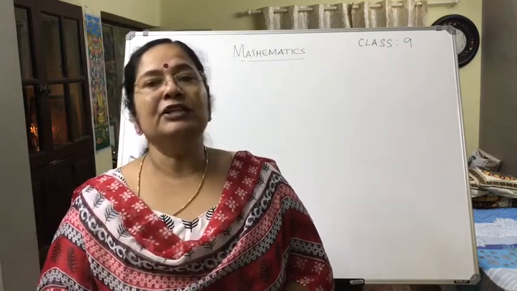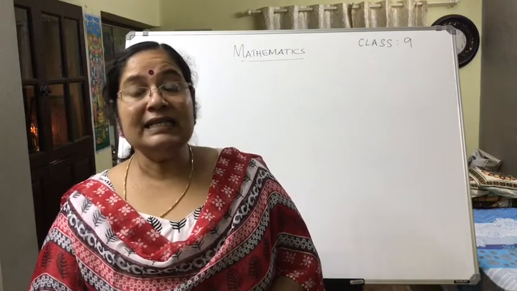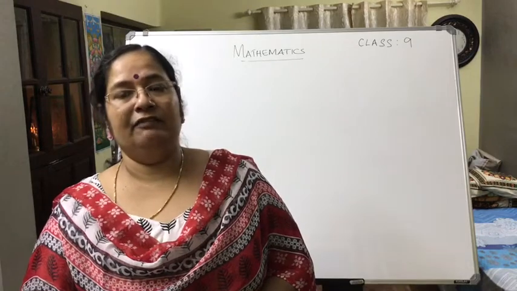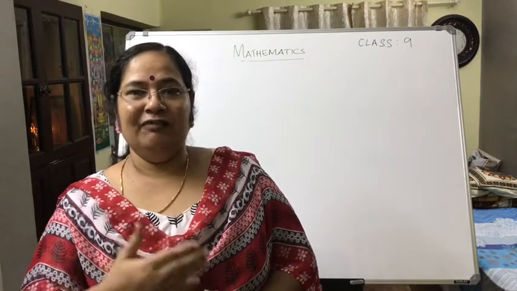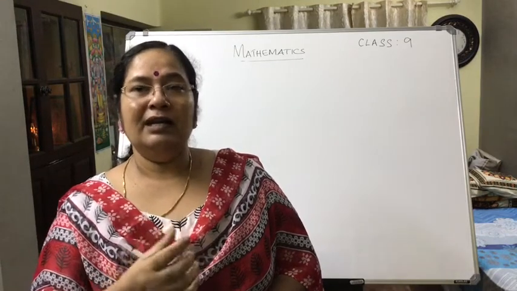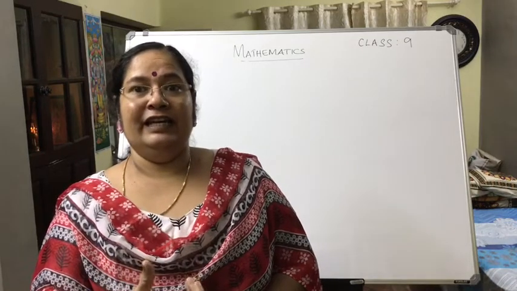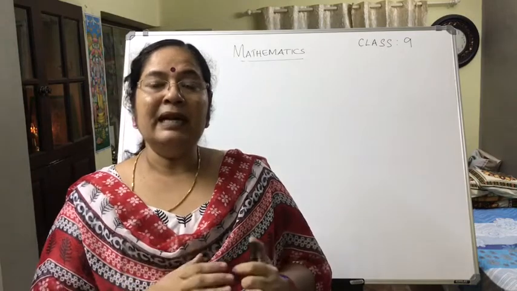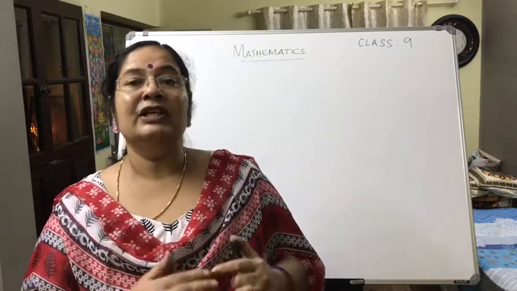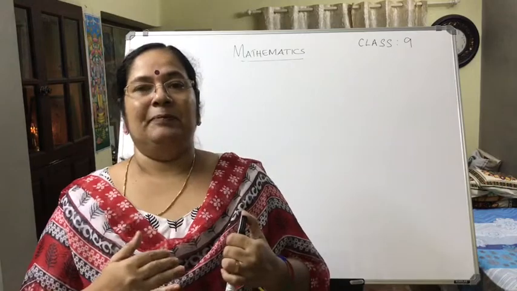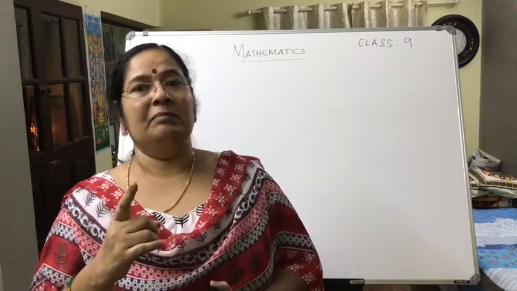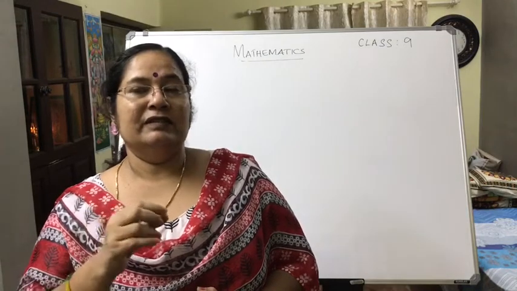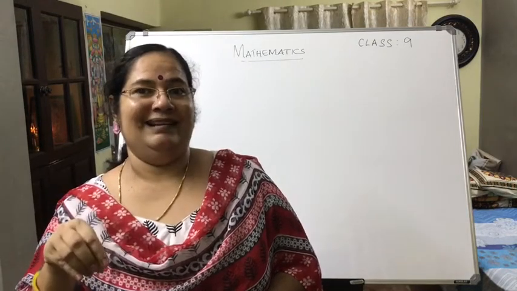And the method used is called successive magnification. Successive means every new step you are magnifying. Magnifying means enlarging. So the number line is being enlarged at every step. In one single number line you cannot represent a decimal expansion because it has many decimal places.